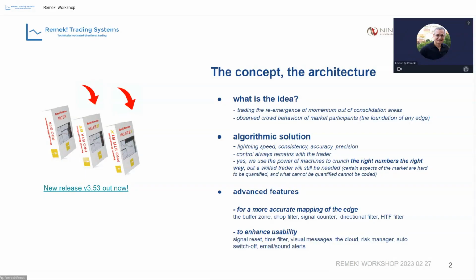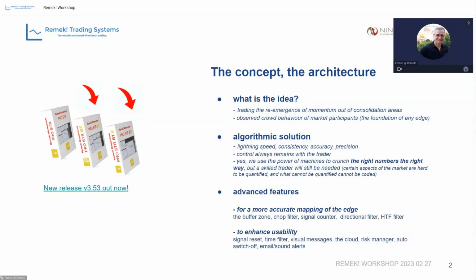Now, having said all that, there is always a trader, a skilled trader at that, who is required. And there are two things. One is that the software never takes control away from the trader. You're always in control. The software only helps you, but doesn't substitute for you. At the same time, you can't look at it as a substitute for your own skills.